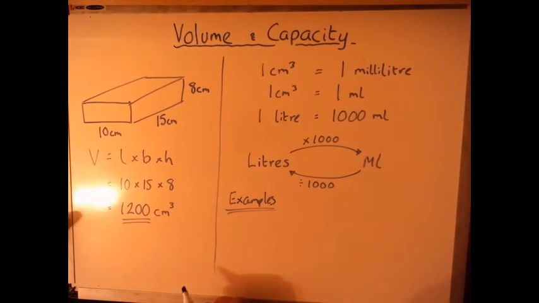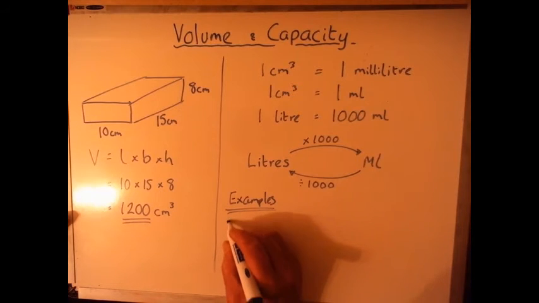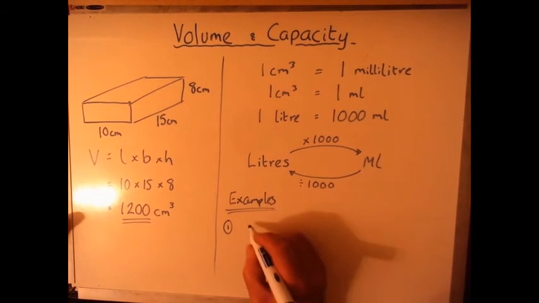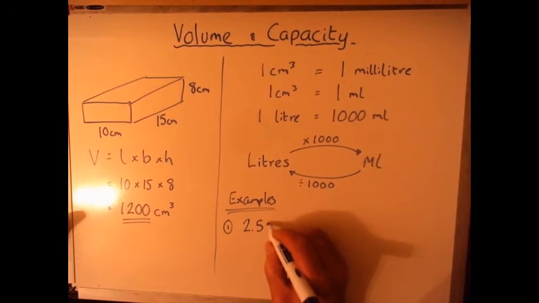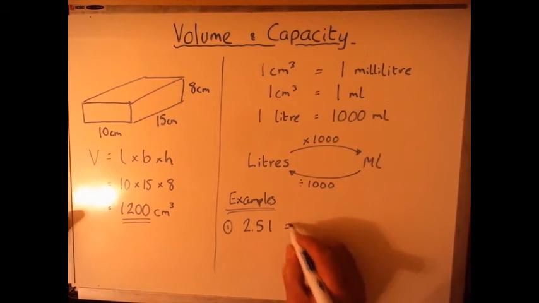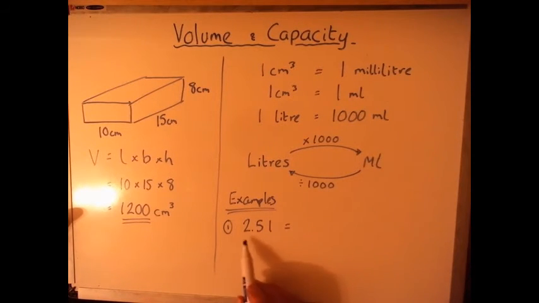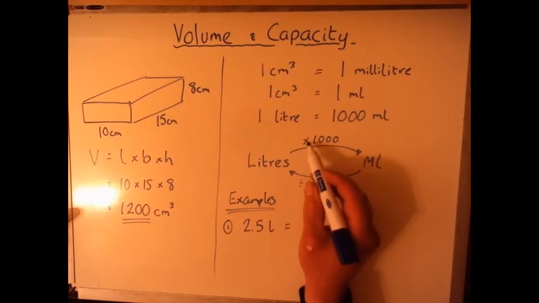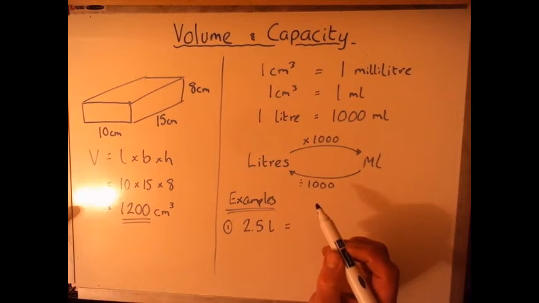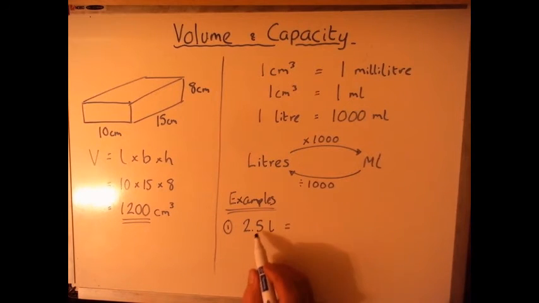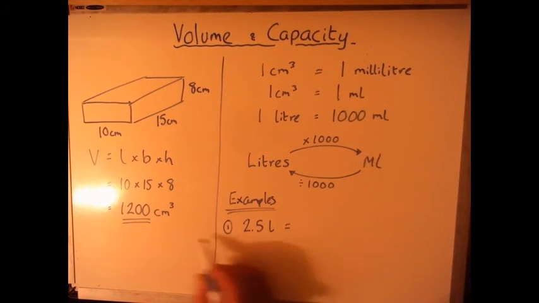this will allow you to get into the textbook afterwards. So imagine I've got a bottle. It holds 2.5 litres. I want to know how many millilitres that is. So 2.5 litres, I'm going to times by 1000. That will turn it into millilitres. I'm going to shift these digits up 3 columns.